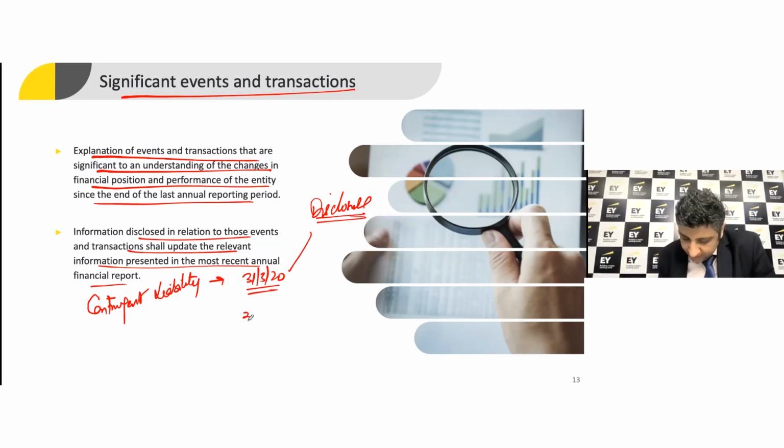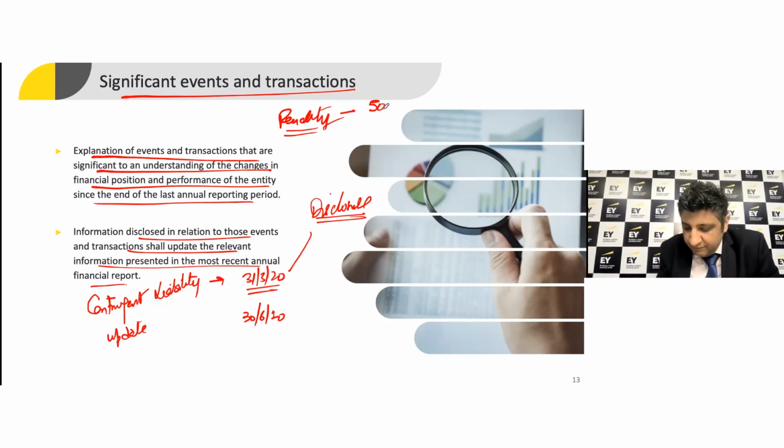For the quarter ended 30th of June 20, there's a further update, for example, if it pertains to a penalty, just for the sake of understanding. Let's say there could be a penalty of 50 crores which was expected to come, but then this penalty has been further enhanced to, let's say, 65 crores.